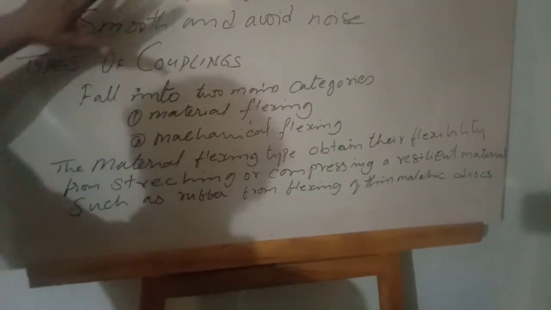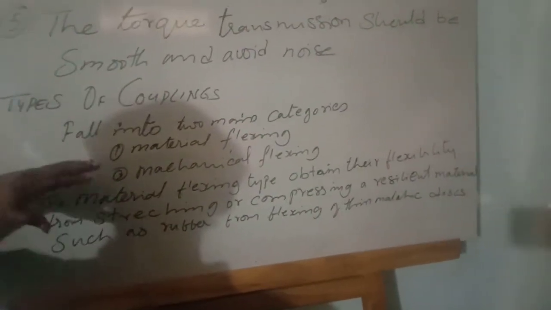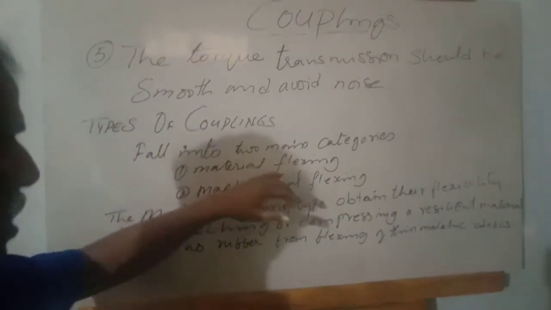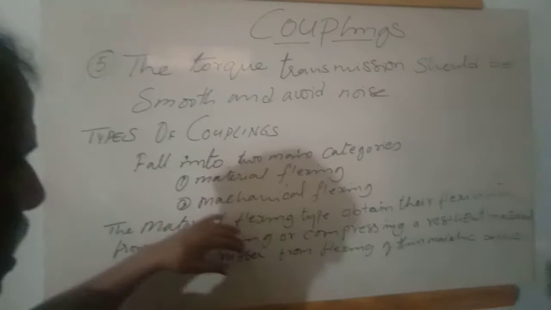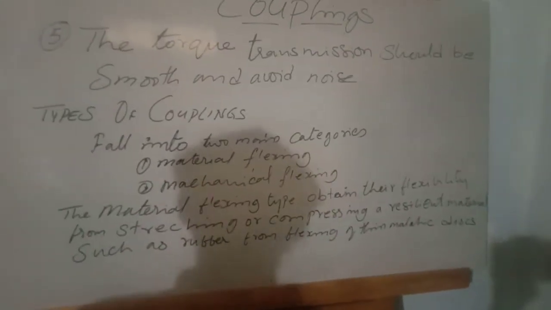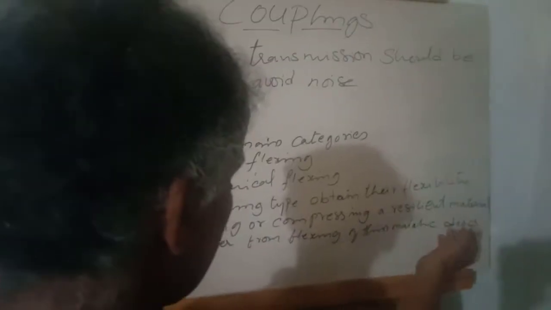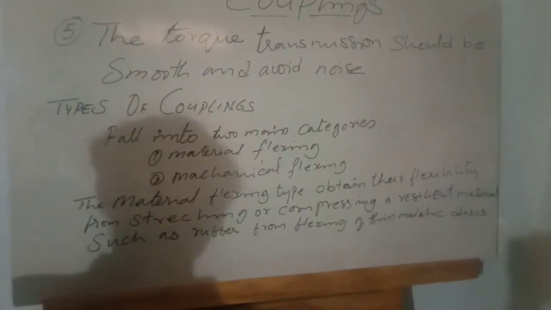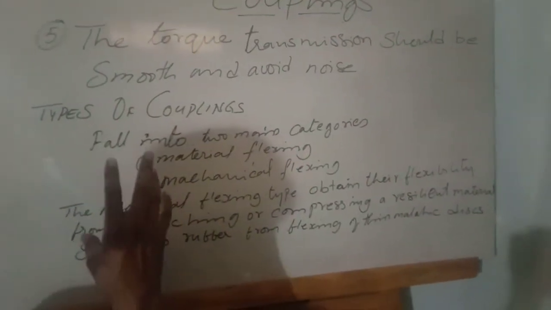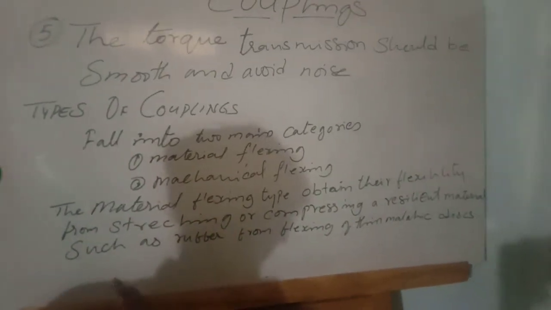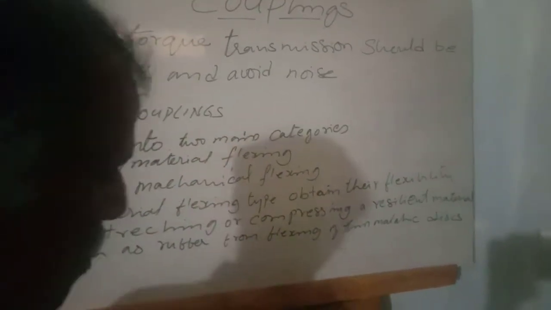In material flexing, couplings are made of resilient material, rubber, which can be stretched or compressed.